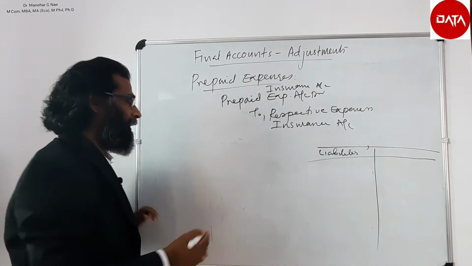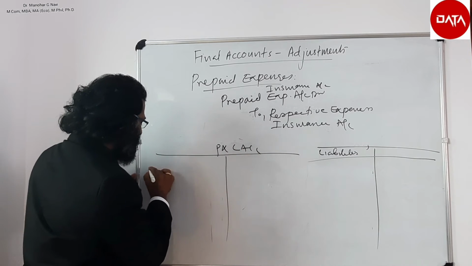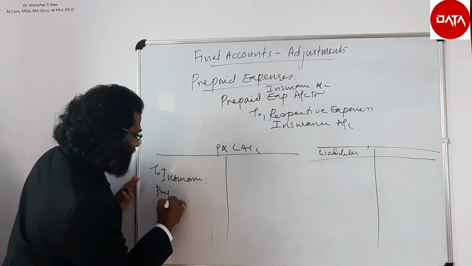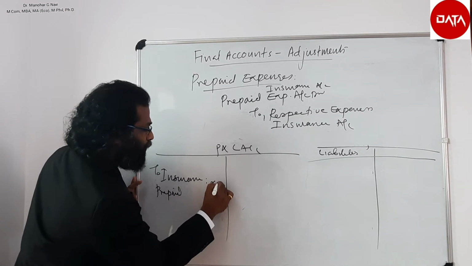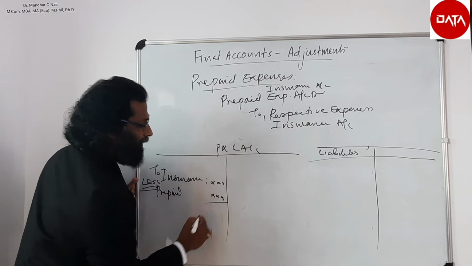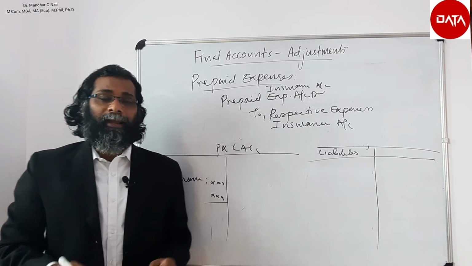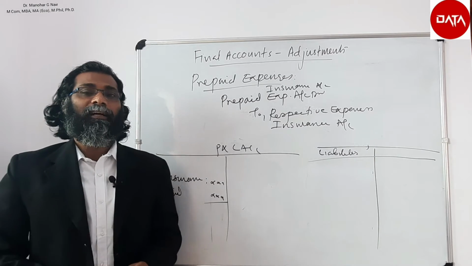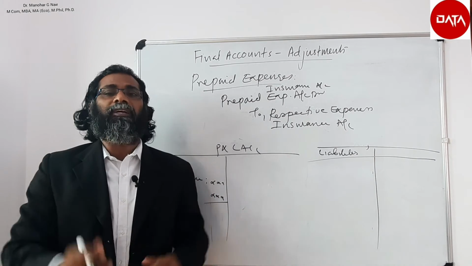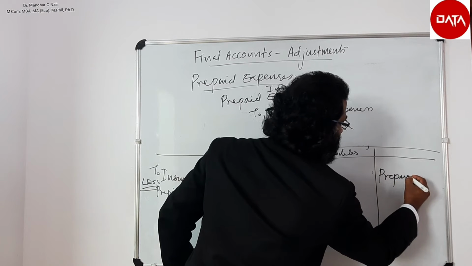And the twofold effect is in the P&L account: from the insurance, the prepaid portion has to be deducted. Prepaid expenses have to be deducted from the respective expenses in the debit side of the profit and loss account, and it should be written in the asset side of the balance sheet.